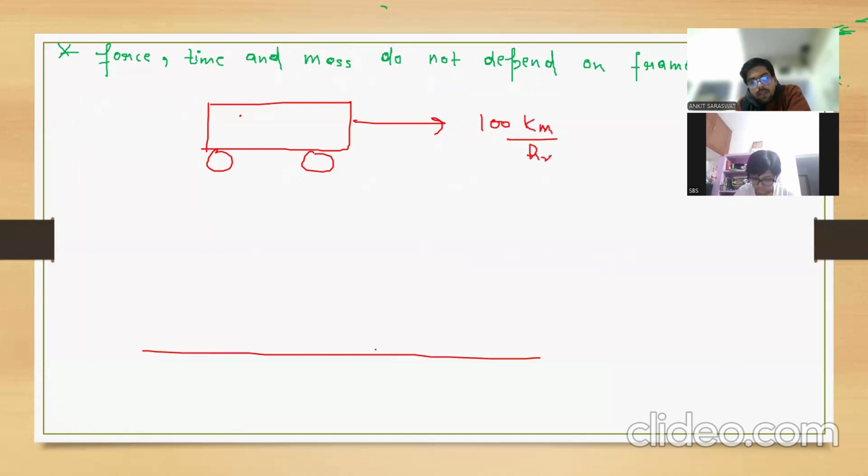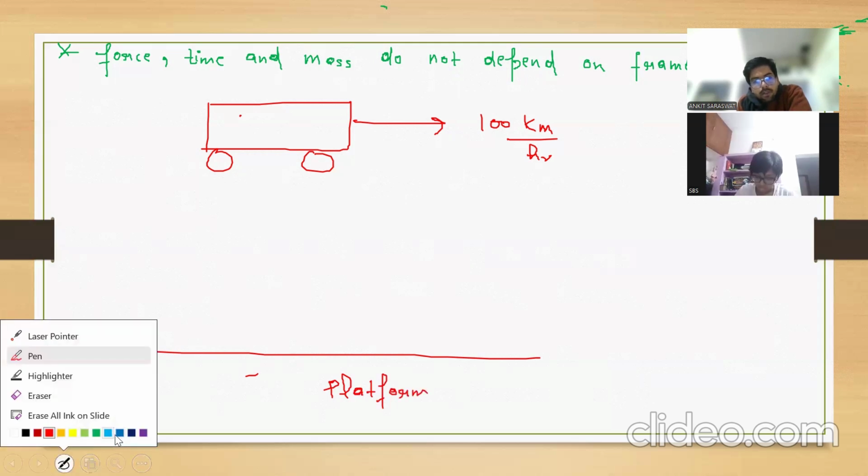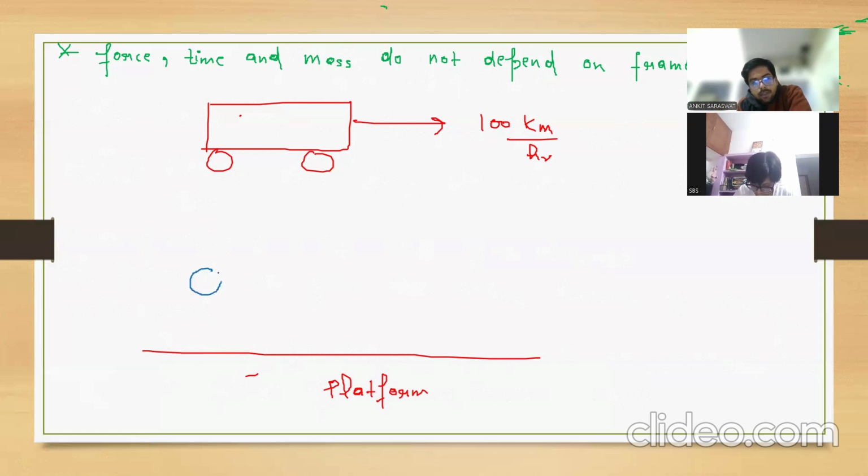Some persons are standing on the platform, like this is person C. And inside the train, two passengers are sitting, he is A and he is B. Clear?